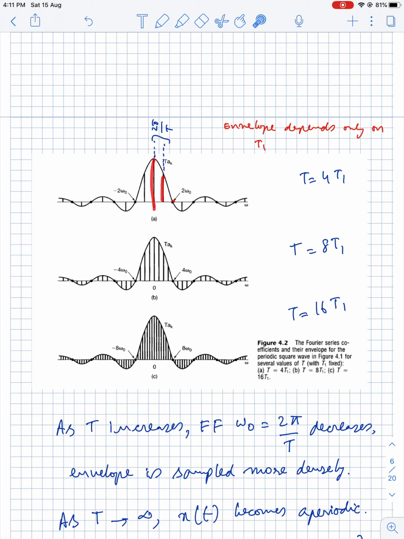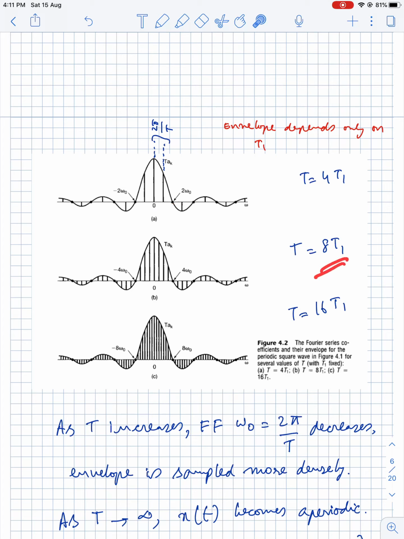The envelope is taken at regular samples of 2 pi by T, which is your omega naught. This is omega naught when k is equal to 1, 2 omega naught when k is equal to 2, and so on. This is 0, omega naught, 2 omega naught, 3 omega naught, 4 omega naught, and so on. Okay, so this is for 4T1.